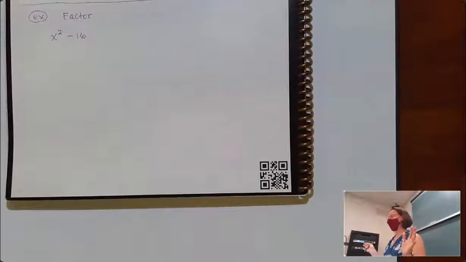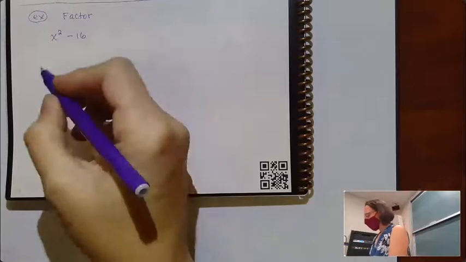Does anyone happen to just offhand already know what the factors are? There's a comment in the chat that they're both perfect squares, which is true, which is the hint for the shortcut. If you don't immediately see what the factors are, that is totally fine. I'm going to go through this the slow way, and then we're going to go through it using the shortcut.